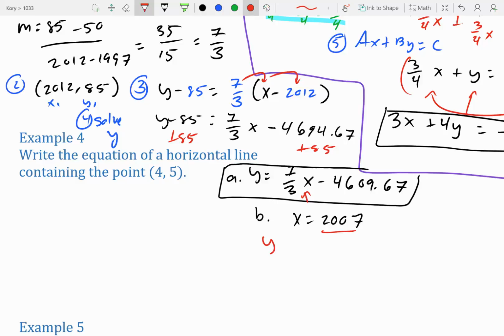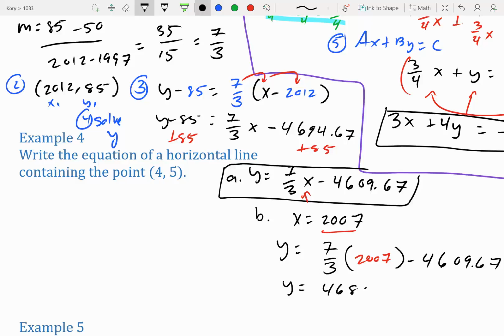So we have y equals 7 over 3 times x, which is 2007, minus 4,609.67. We multiply 7 over 3 times 2007, we get 4,683 minus 4,609.67.